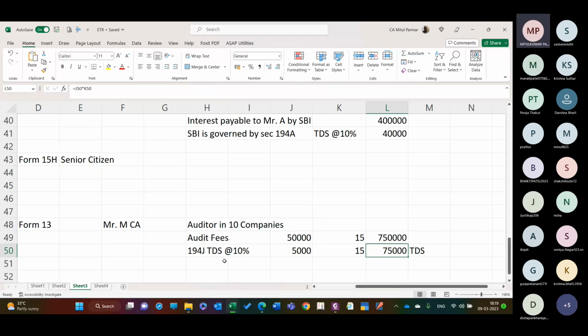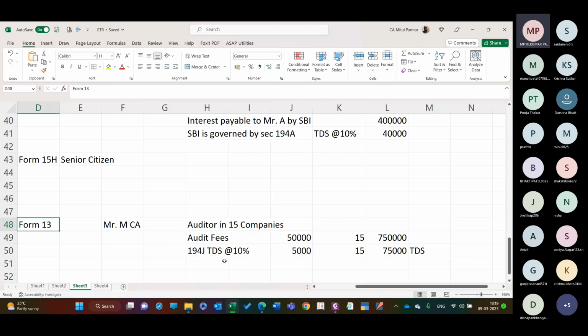Maybe he or she is not required to make any payment, but still, as the TDS provisions are applicable to the companies, the companies will deduct the TDS. So in those circumstances, Form number 13 may come to the rescue of Mr. M, who is a chartered accountant.